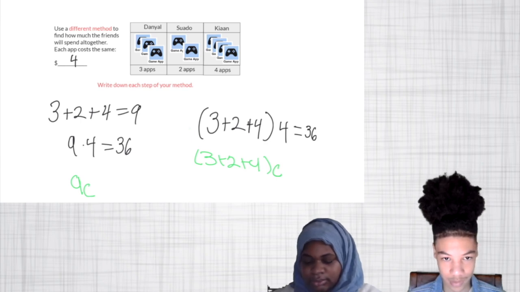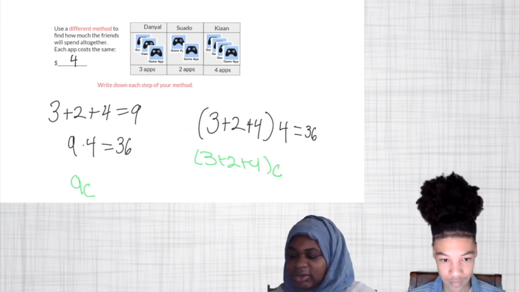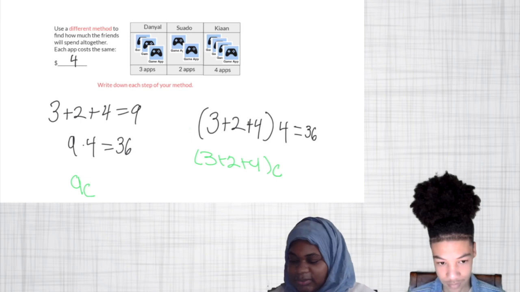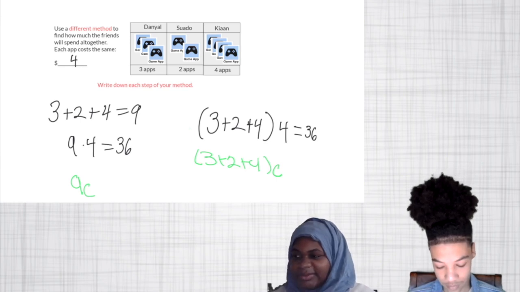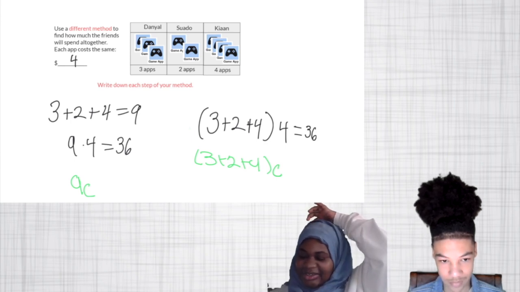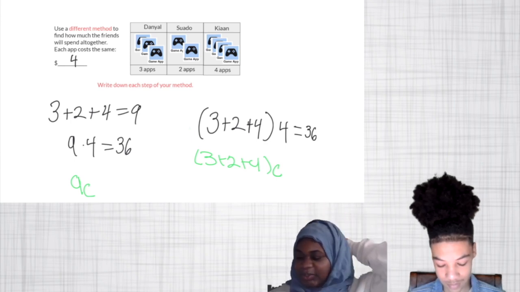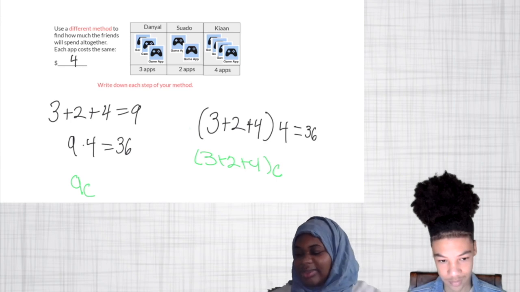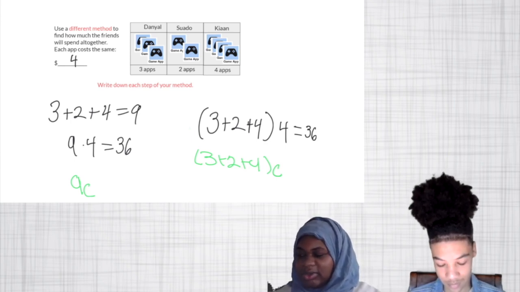Oh yeah, and the second equation is all of them added up, but not really added up. I don't know how to explain. It's like 3 plus 2 plus 4, and then all of that times 4 or times C, which would equal the same thing.